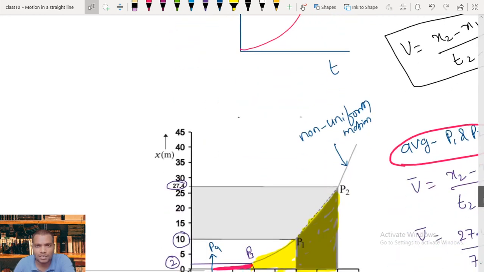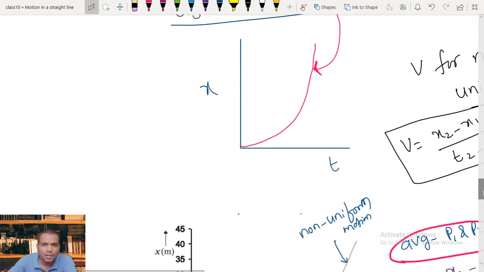What is instantaneous velocity? It is about finding the velocity at a given particular time. So at this particular time, by using the graph, what is the velocity? That concept we will discuss in the next lecture.